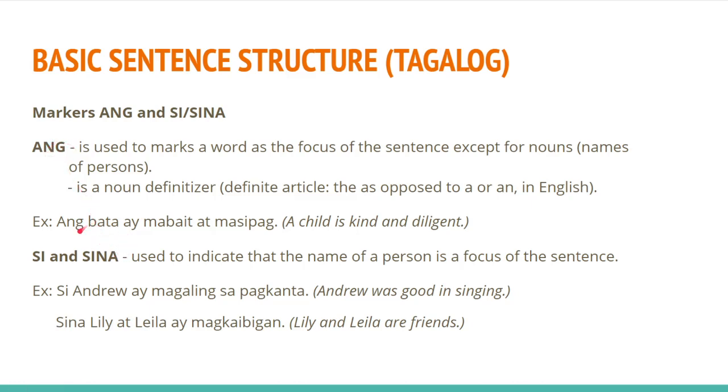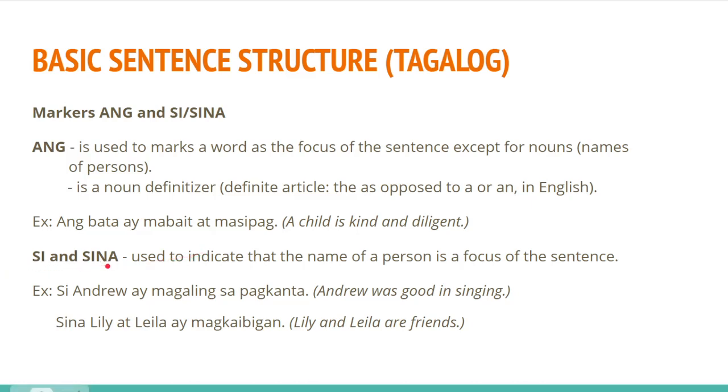"Bata" is a subject, "ay" is a verb, and "mabait" is also a noun, by the way. And this is an object, like you have to direct an object, but I never, because you just only describe the sentence actually. And this is another sentence structure, but I just use the basic sentence structure mostly if you are just exchanging ideas.